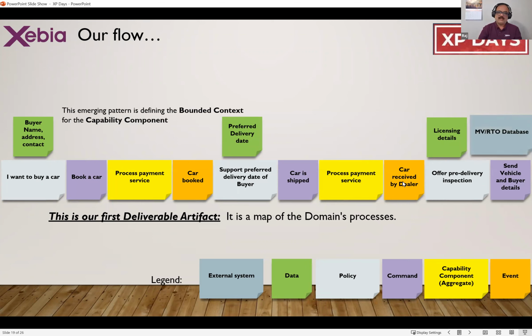So what are policies here? You can see policies. You need to support the preferred delivery date of the buyer. That's an inbuilt policy. Similarly, as part of policy, you should offer pre-delivery inspection. Welcome them, give them some gifts, for example, a welcome drink, chocolates. People come with families to buy the car, for example.